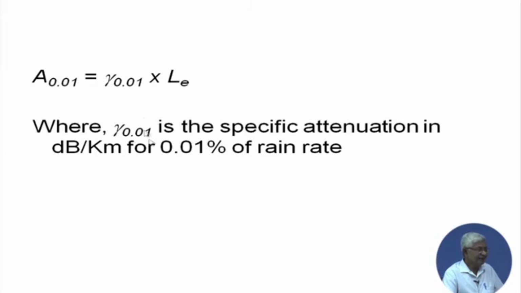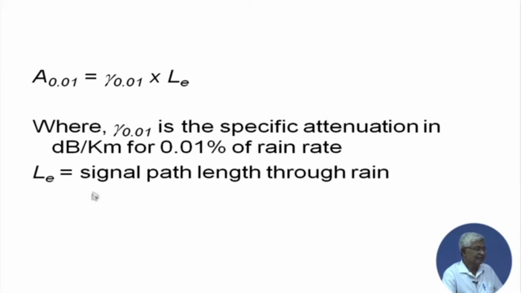What is gamma? Gamma is called specific attenuation, in dB per kilometer, how many dB per kilometer for 0.01% of the time of the rain rate. And LE is the slant length through which the signal is passing through the rain, the signal path length through the rain.